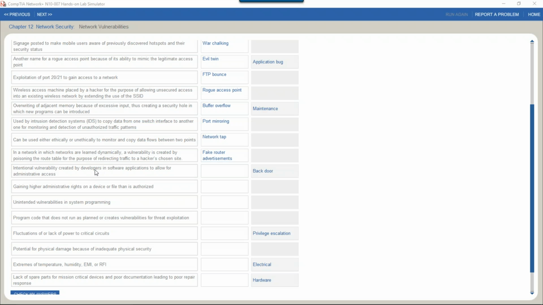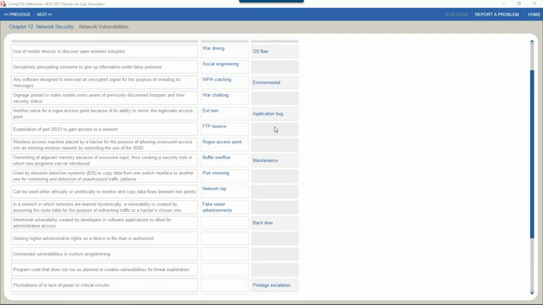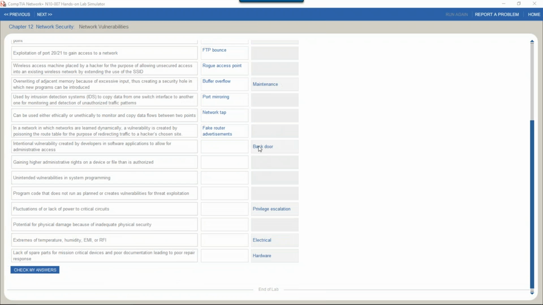So yeah, this one here, the keyword is going to be the intentional vulnerability created. So basically, we did this on purpose, and this is something that you'll do from time to time. This is the only one that really fits. Backdoor. Okay.